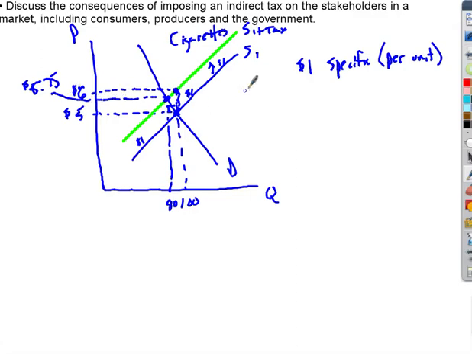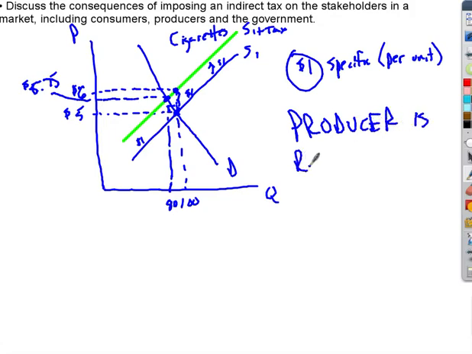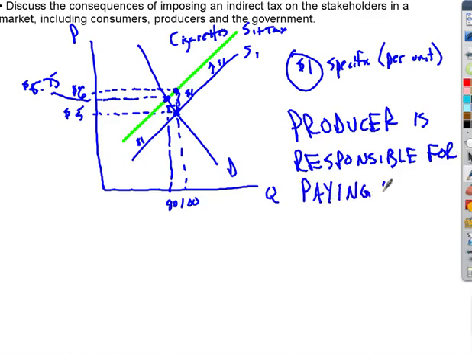But you can see that if the tax was $1, one thing to note is that the producer is responsible for paying the tax to the government.